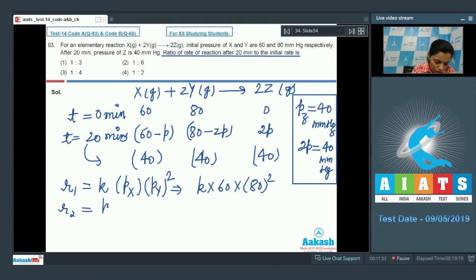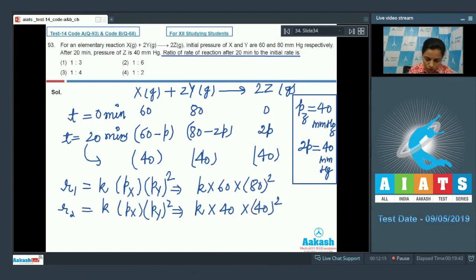What about R2? In the similar way, it is K, the pressure of X, pressure of Y raised to the power 2, and it can be written as K into, what about pressure of X after 20 minutes? We already found it out. This is 40 into 40 square. So what would be the ratio of rate of reaction after 20 minutes?